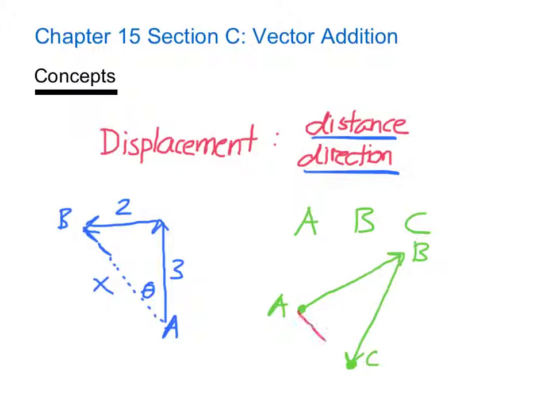Well, I can draw another vector directly from A to C, and this is really the sum of traveling from A to B and from B to C, in terms of displacement anyways. So I can write a vector equation here stating that vector AB plus vector BC is equal to vector AC, and this is vector addition.